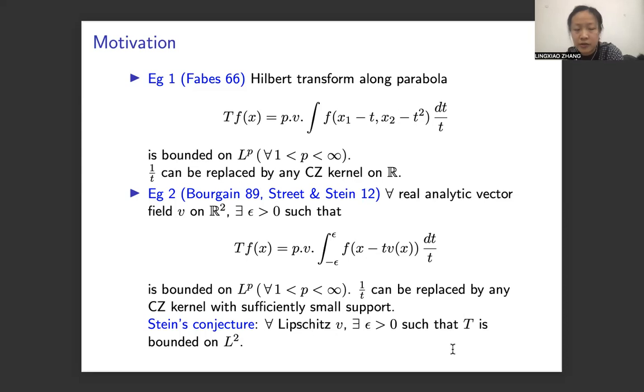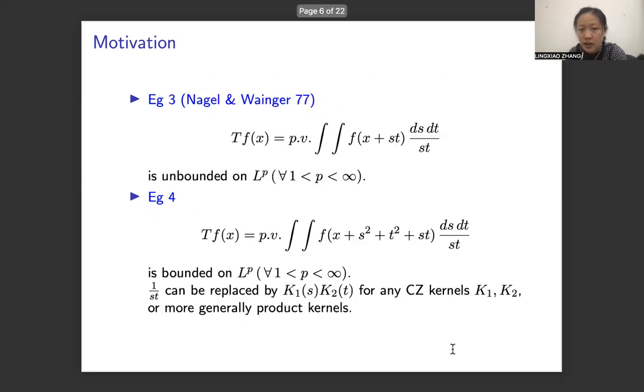So in these first 2 examples, I gave operators with Calderón-Zygmund kernels, which means it's a 1 parameter case. And in the next 2 examples, I'm going to give you some 2 parameter cases. In this example by Nagel and Wainger, inside f we have x plus st, and we have kernel 1 over st, and this is unbounded for every L^p.